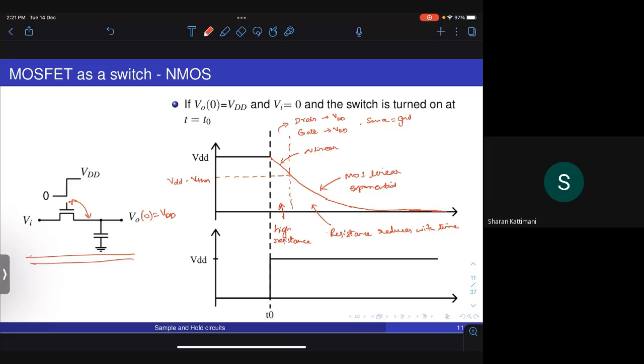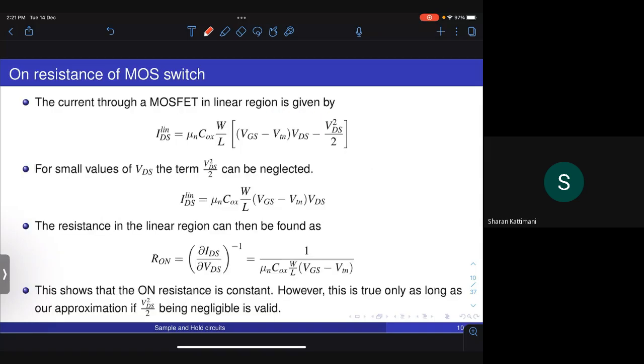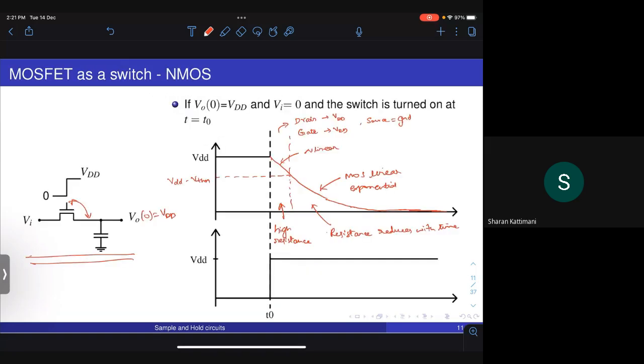You can just look at this resistance equation, and even the graph, and see that as you go to lower and lower values of VDS, the resistance keeps dropping. So this is what happens when you are discharging the capacitor through the NMOS.